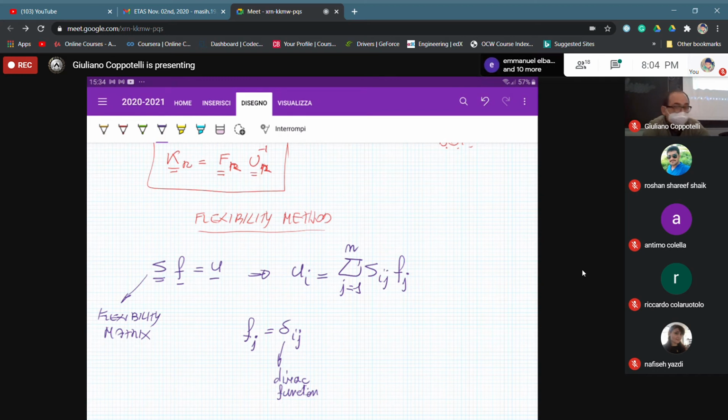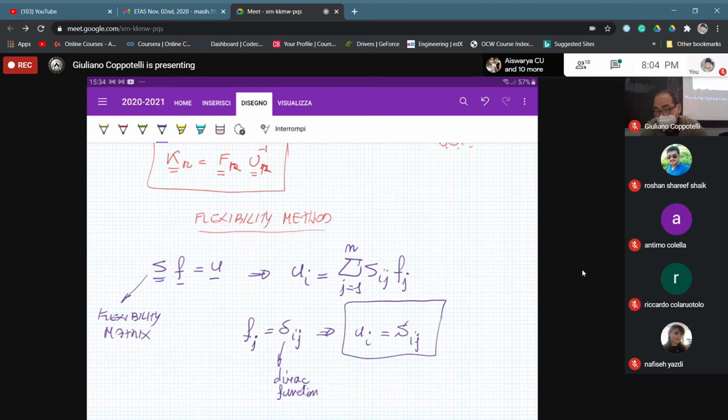Then the displacement ui is just equal to the flexibility. It is a very nice result, because the information that you get straight from the measurement gives you the flexibility of the whole system.